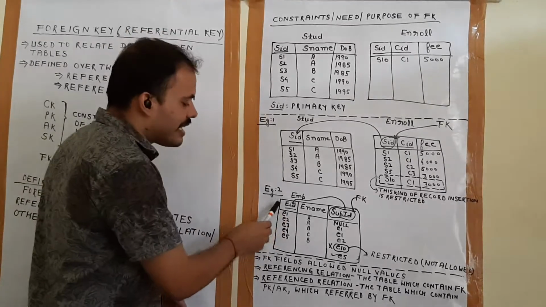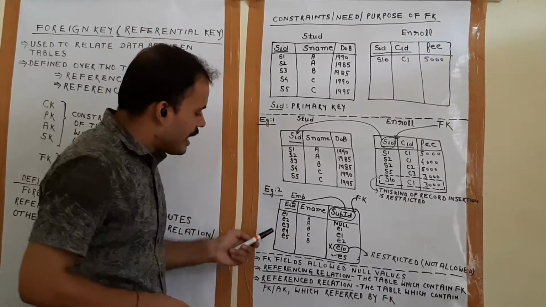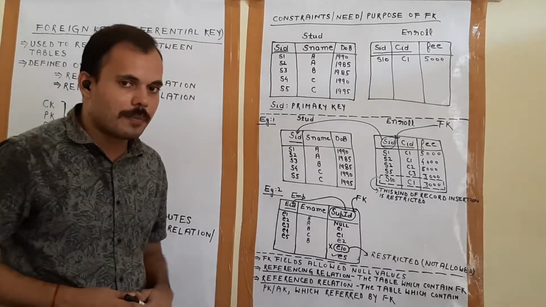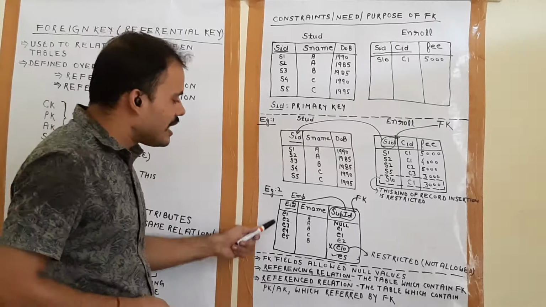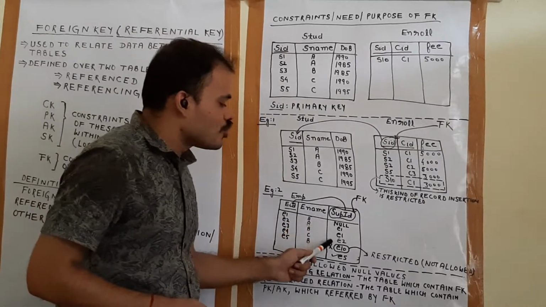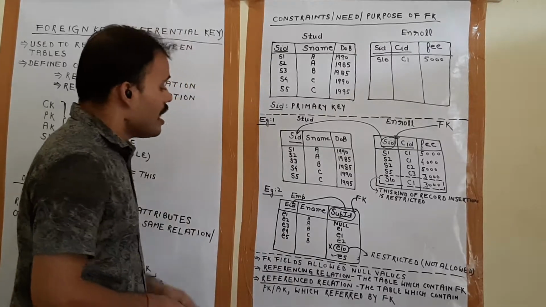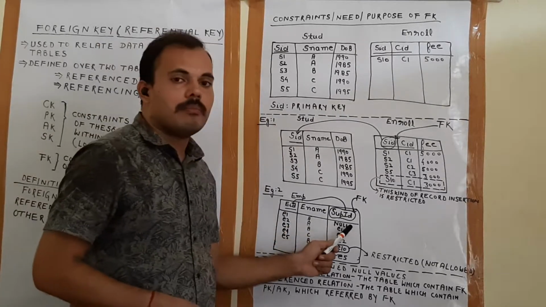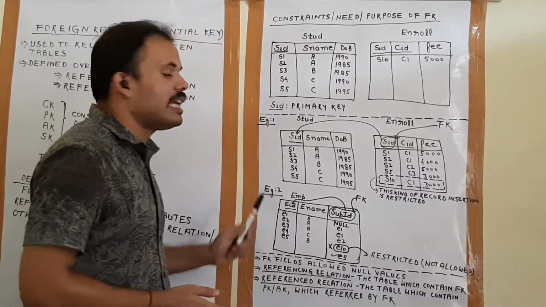See here, EID is the primary key. E1, E2, E3, E4, E5 are the employees of the organization. These are the employee names and these are the supervisor IDs. This employee is supervised by null, meaning no one is supervising E1.